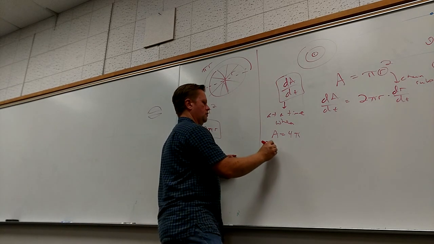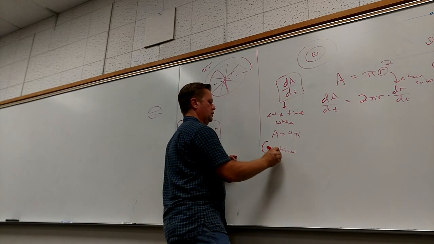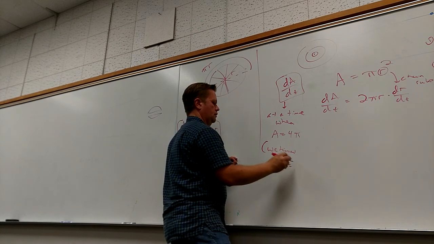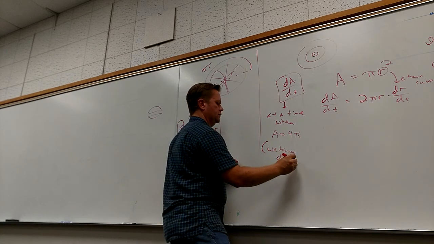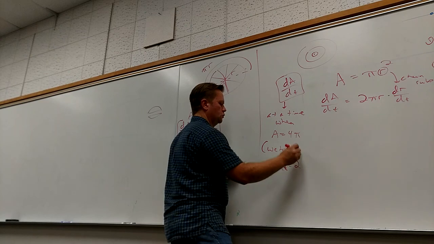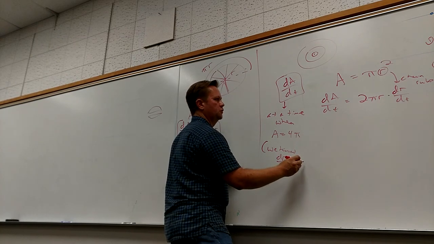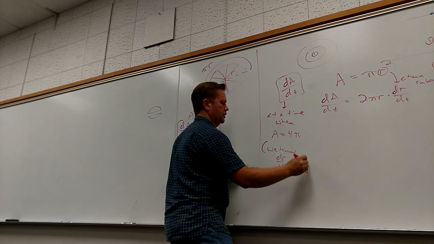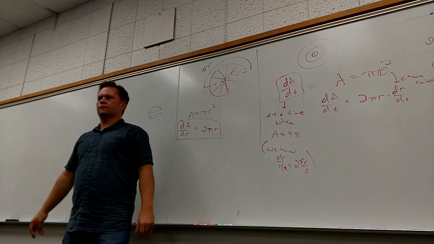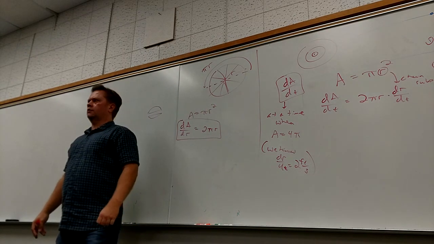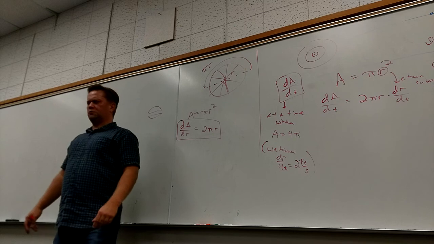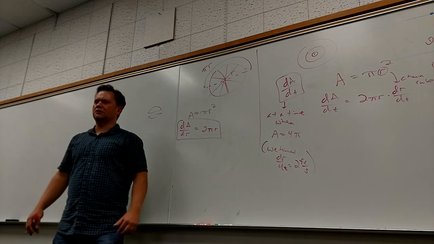And I'll tell you this, dr dt, how quickly the radius is changing, we'll say it's 2. Let me give us some units here. Feet per second. Pretty quick ripple, but we'll go.